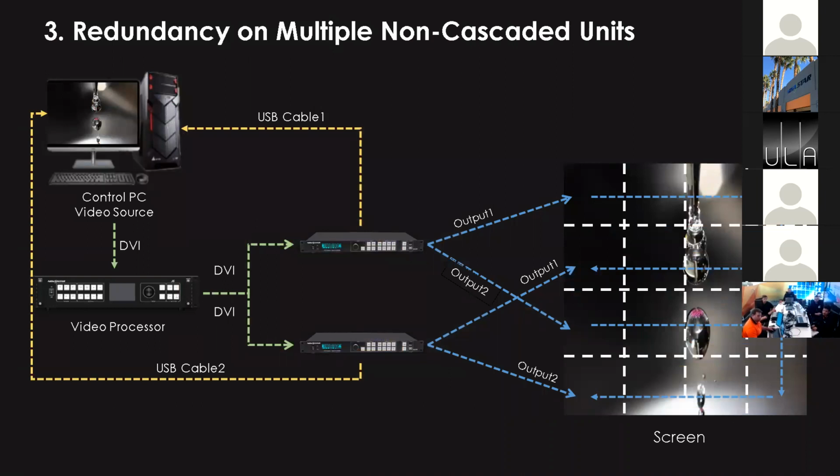And the third control method is redundancy on multiple units, but all units are non-cascaded with USB cable. Both devices connect to the PC separately, and the hardware connection looks like this.